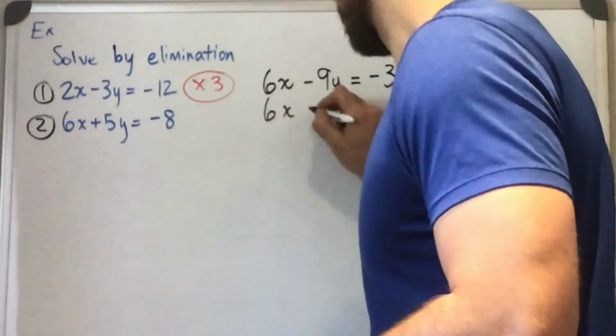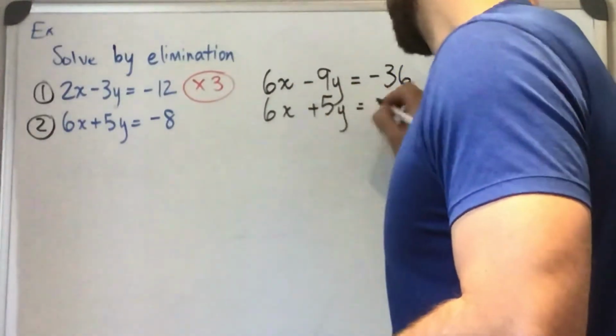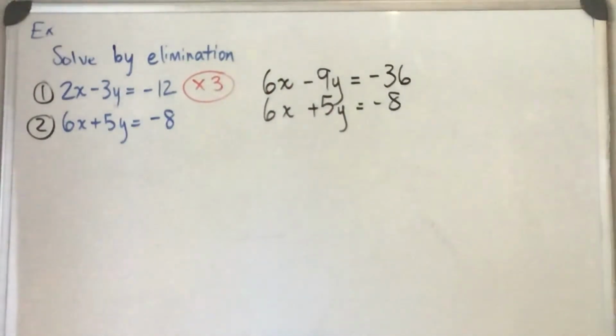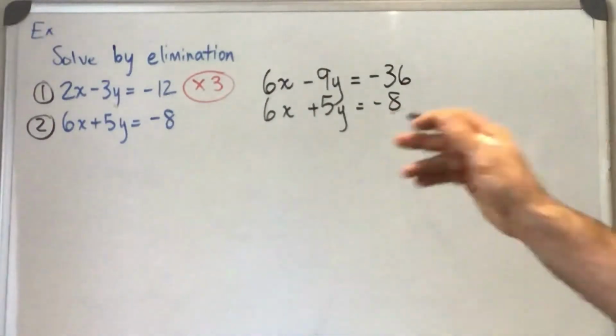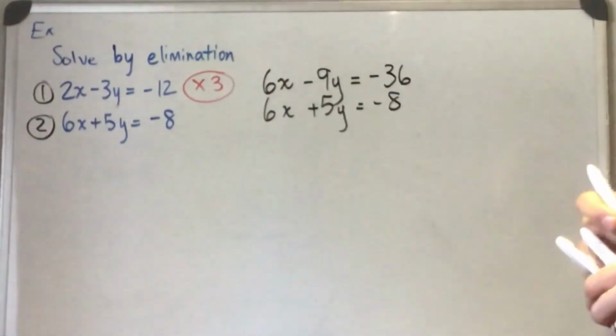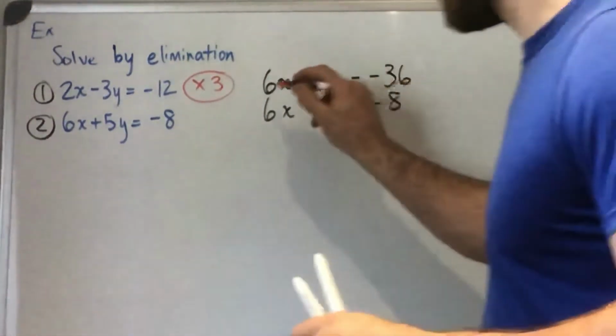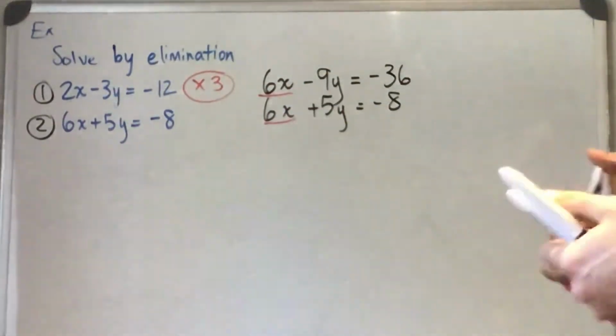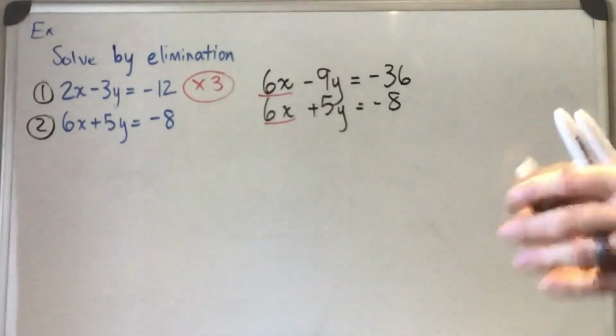I'm going to leave this second equation exactly how it is. We've got 6x plus 5y is negative 8. All right, so here's where this new strategy comes into play. Now that we've accomplished our first goal, I've got a 6 in front of both of those x's. I'm pretty happy about that.